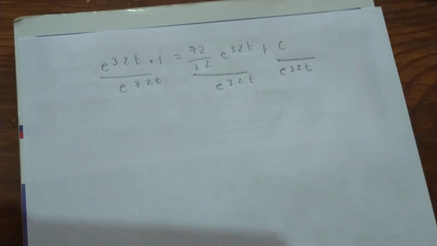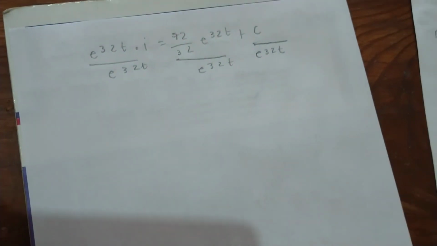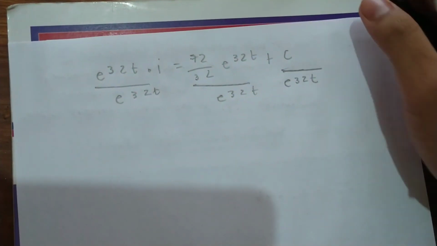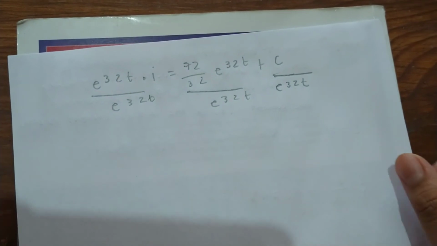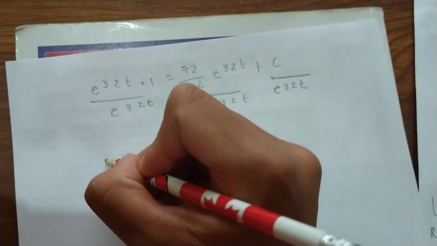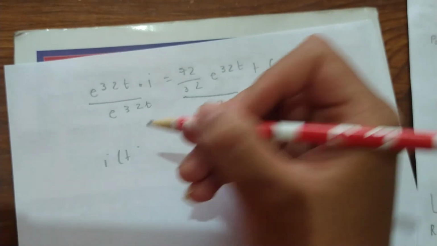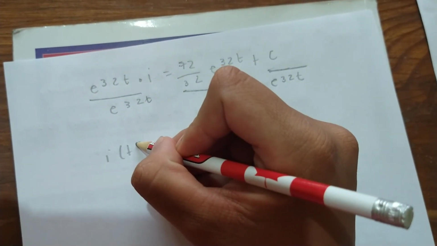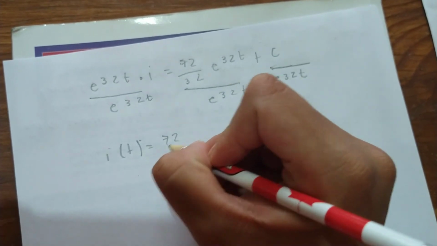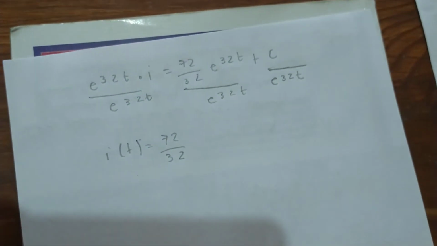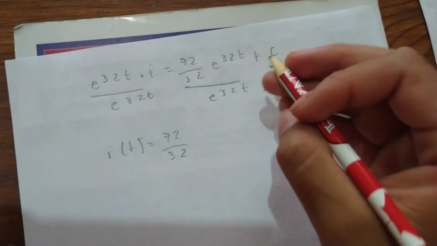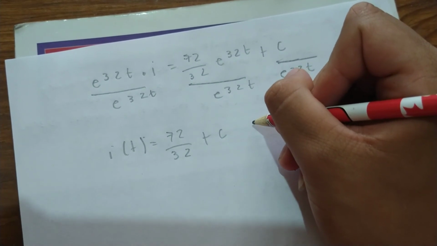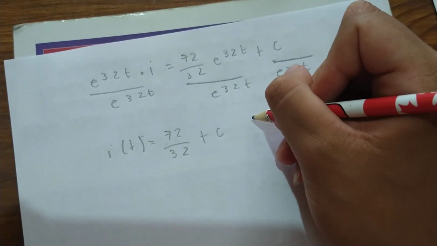So we have i of t is equal to 72 over 32, which will simplify in the next step, plus c times e raised to the power of negative 32t.